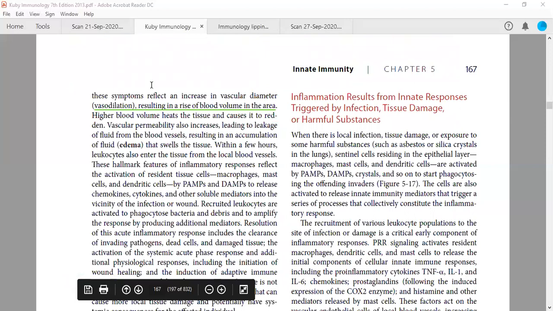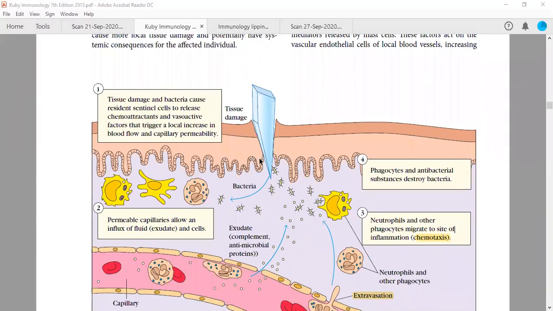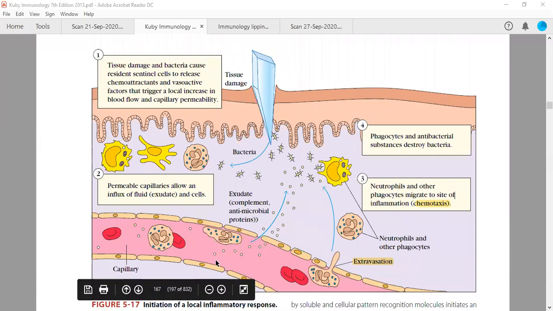Okay. So these symptoms reflect an increase in the vascular diameter that is known as vasodilation. As I told you, there are some chemokines which will be secreted by these damaged cells, and they will cause the vasodilation. They will increase the diameter of these blood vessels so that more blood cells or a large amount of blood can come into this particular zone, carrying a large number of cells, right?